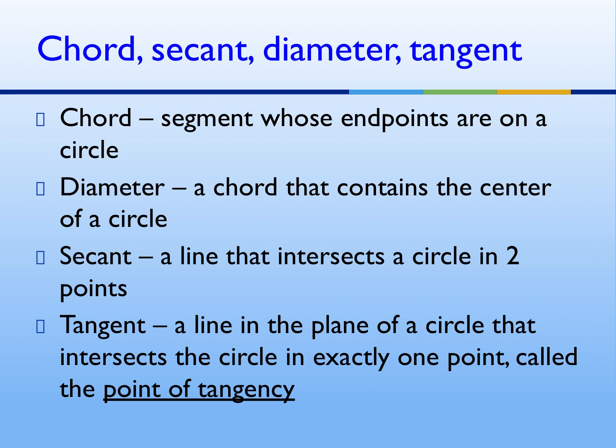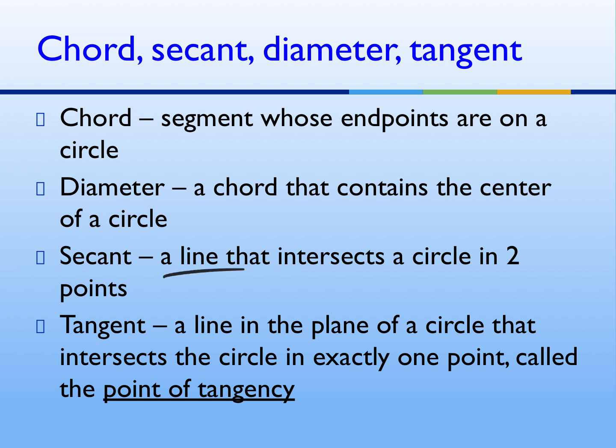So the next 3 we're going to talk about are the formal definitions for our chord, secant, diameter, and tangent. A chord is a segment whose endpoints are on the circle, okay? A diameter is a chord, but also contains the center of the circle, so it must pass through the middle. A secant is a line.